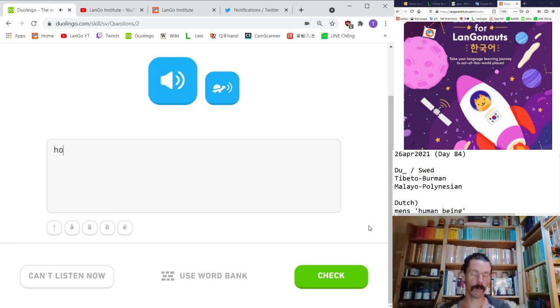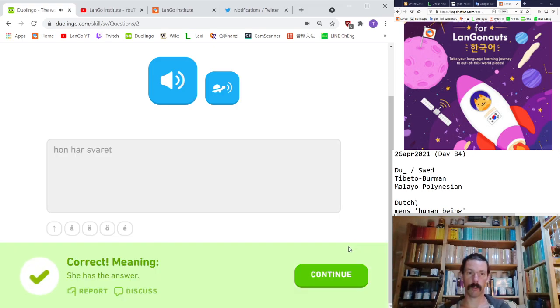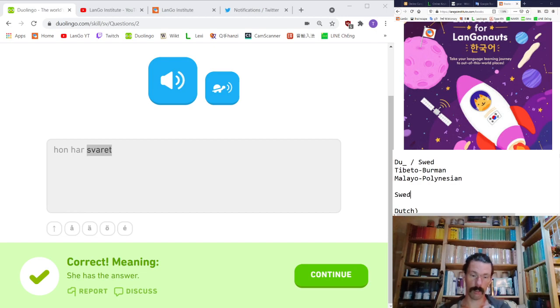Hon har svaret. Hon, she, har svaret. Etymologically, she has the swear, means the answer. If you think about where these North Germanic definite forms come from, I think the best story is that a form like svaret, where the stem ends, the R, is a reduction of svara, maybe some case form there, svaran or something.